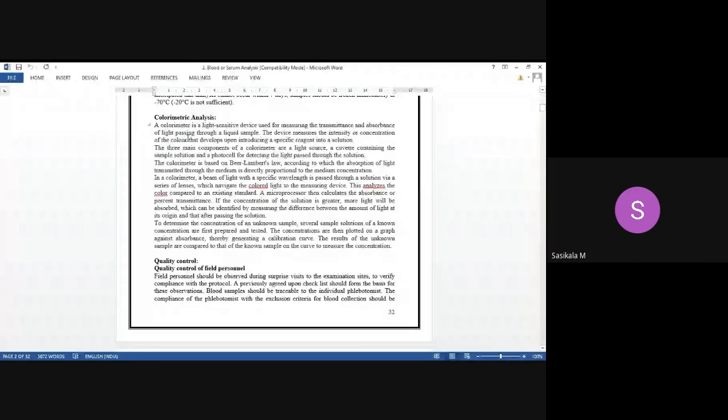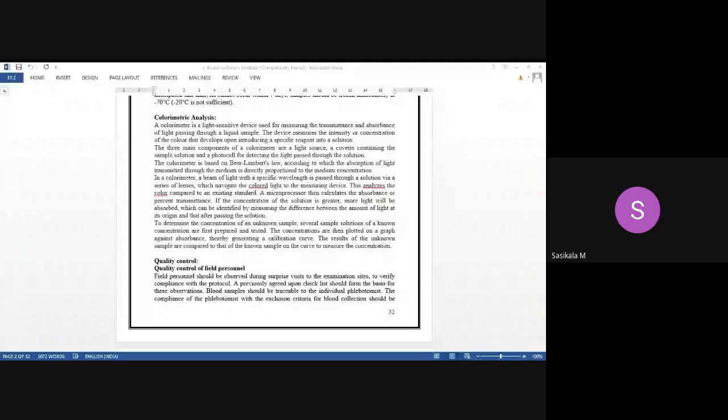The analysis will be done using an instrument called colorimeter. You will be taking the readings from it. So from instrumental analysis only you are going to get the measurements or normal levels. You are going to quantitatively determine by using instrumental methods of analysis.